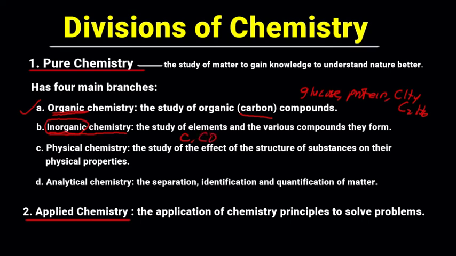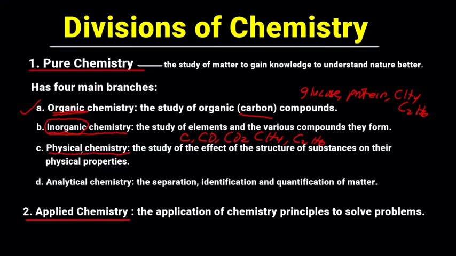So carbon can form compounds like carbon monoxide, carbon dioxide, methane, ethane. These are some of the compounds that carbon can form. So if we take a look at elements and the various compounds they form, that is called inorganic chemistry. And once again, this will be treated later in the series. Then the third branch is what we call physical chemistry.